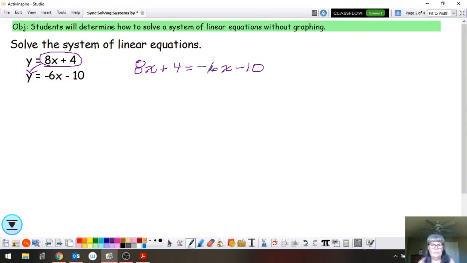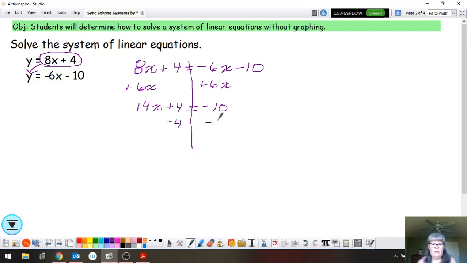And then I'm going to balance my equation, and I'm going to get my variable on one side of the equation. Now, I like to keep the variable term positive, if at all possible, so I'm going to start by adding 6x to each side of my equation. So 8x plus 6x is 14x plus 4, and on the other side of my equation, I'm left with negative 10.